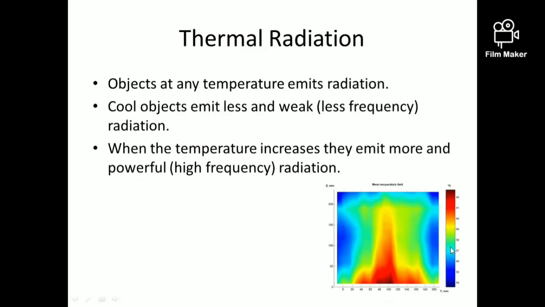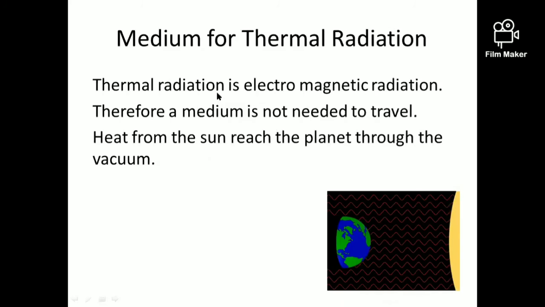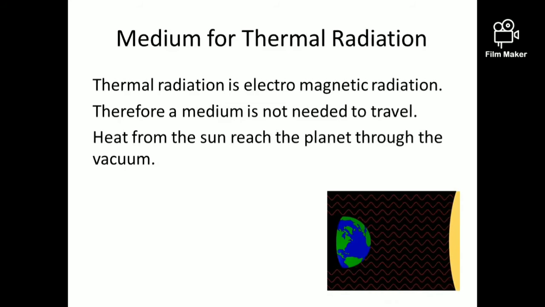So when the object is cool, it is just like this. And when it becomes hot, you can see more thermal radiation, somewhere like this. That is a simple idea of thermal radiation. We know that for conduction, you need vibrating atoms.